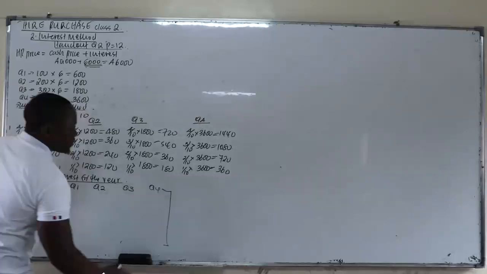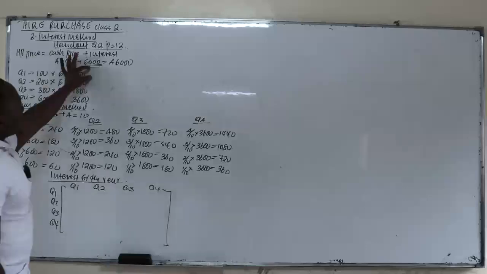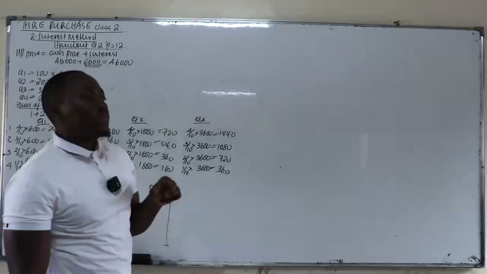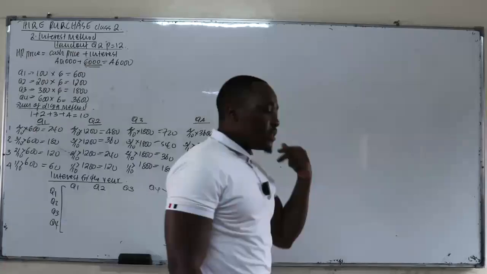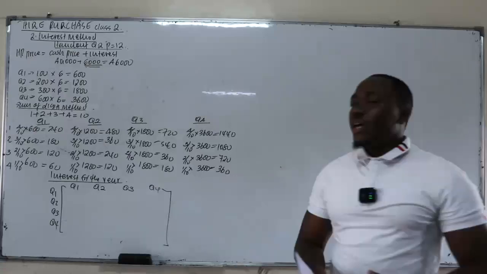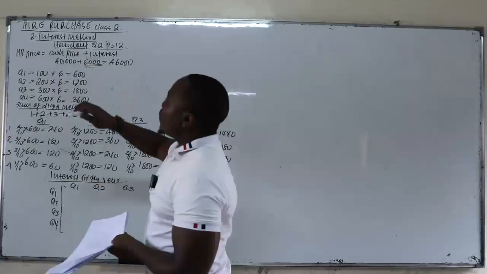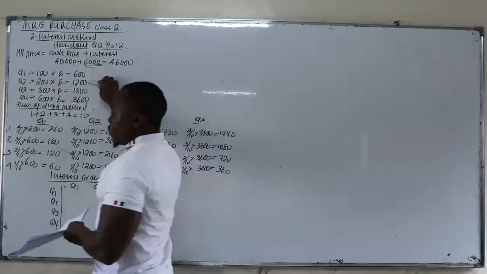There is something I was explaining: on the sales for the first quarter, the first installment will be received at the end of the quarter following that of sale. So that means for the sales for the first quarter, the first installment will be received in the second quarter. This is the interest for the first quarter.